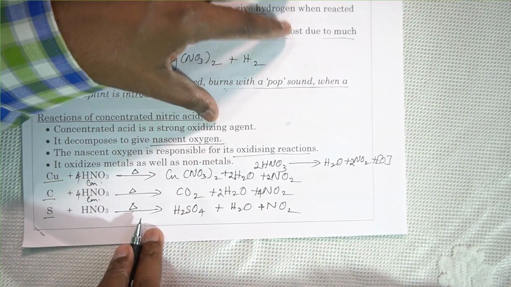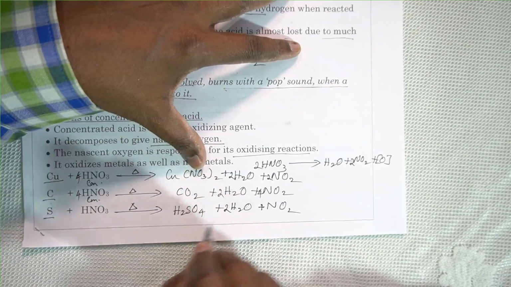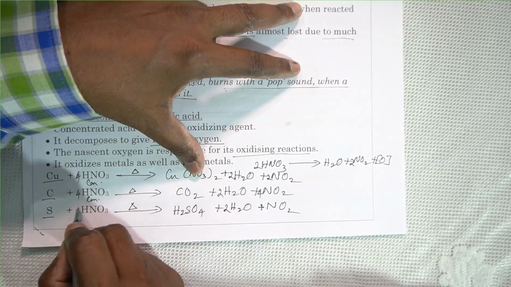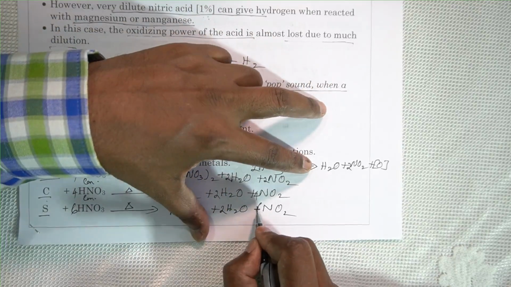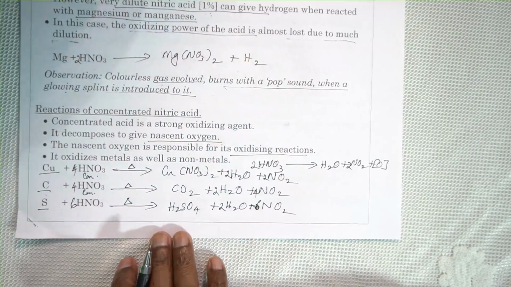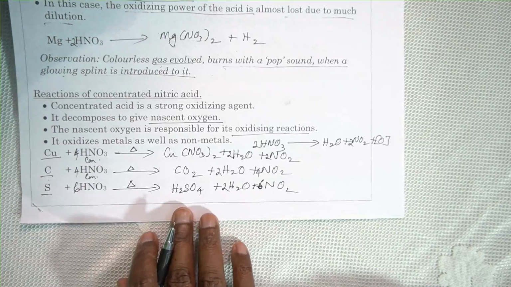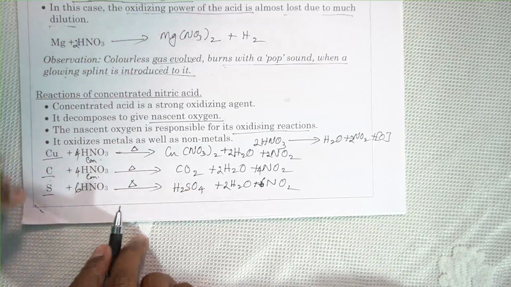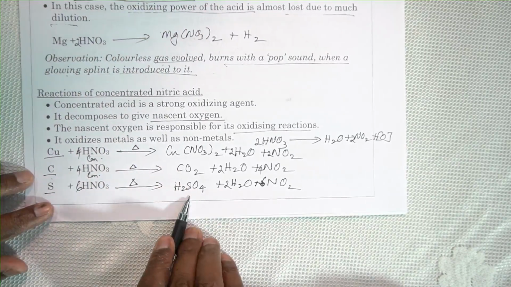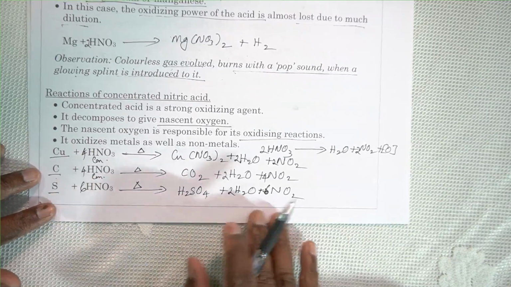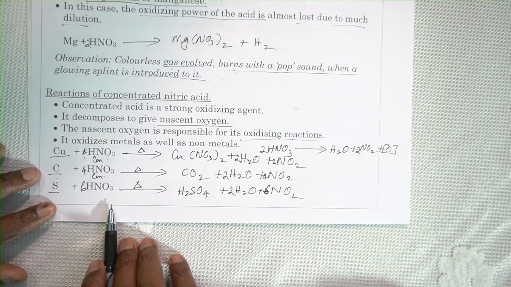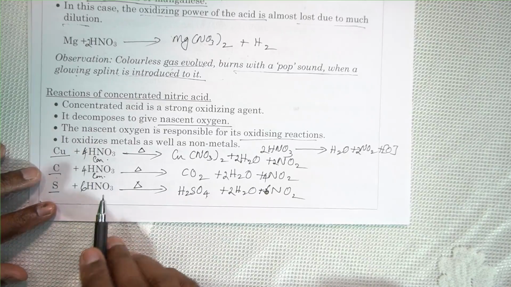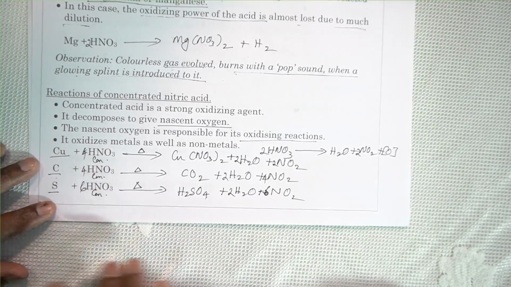Okay, sulfur, H2SO4, 2H2O and 6HNO3 and 6NO2. So it will produce sulfuric acid. So sulfur is oxidized to sulfuric acid directly. So a question can be asked, which substance can oxidize sulfur to sulfuric acid? So it is concentrated nitric acid, the answer.